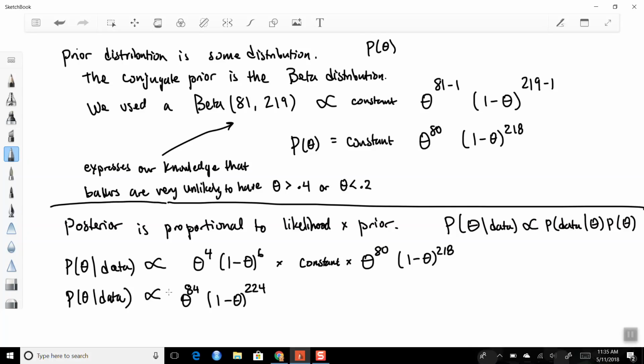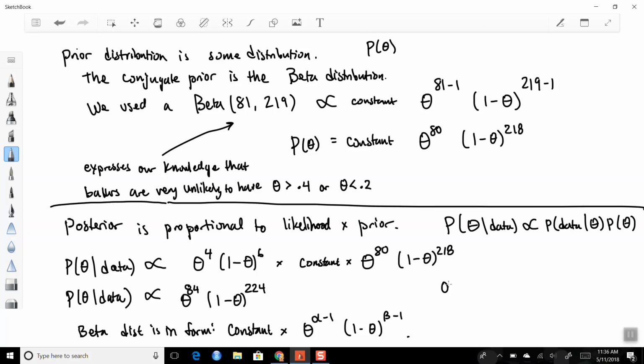And what we know is that the beta distribution is in the form constant times theta to the alpha minus 1, 1 minus theta to the beta minus 1, okay? Is our posterior distribution in this form? It is. Our posterior distribution is in the form of a beta, and it's just that alpha has to equal 85, and beta has to equal 225.